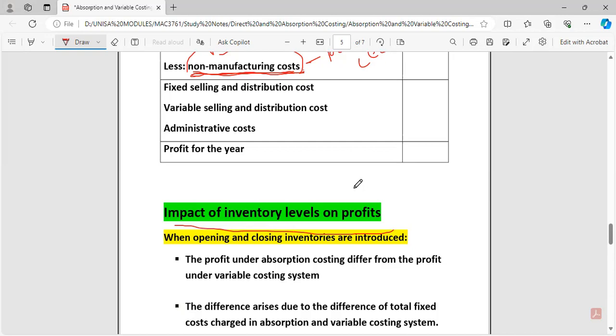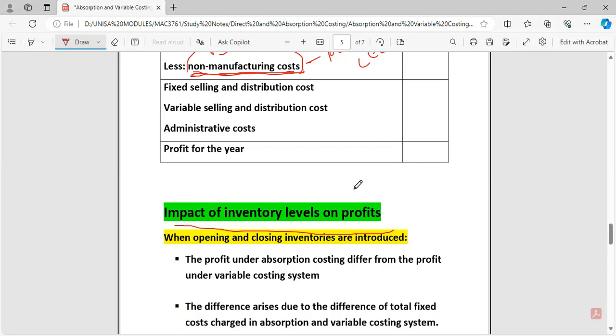I think if you have done your 2601, you noticed that as long as there is opening and closing inventory, you are provided with the same figures. But when they require you to calculate the profit using absorption and direct costing using those same figures, you are still going to get different profit figures.